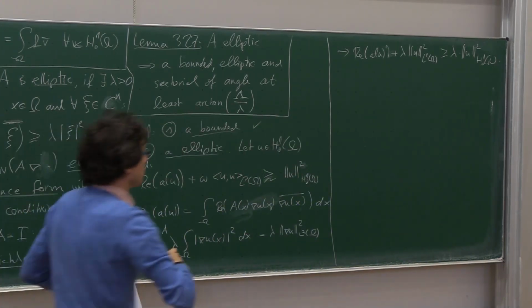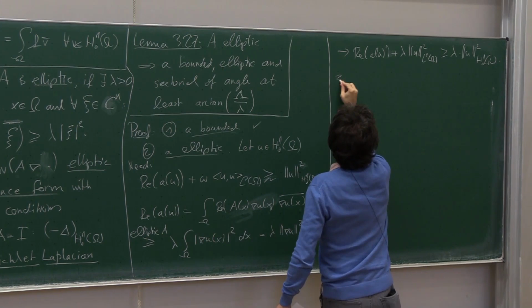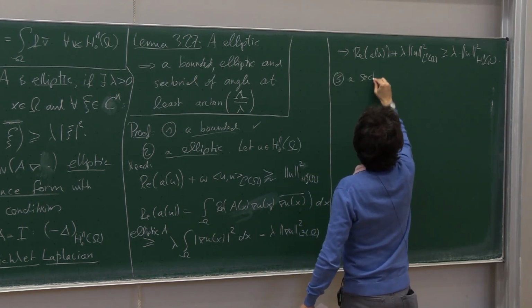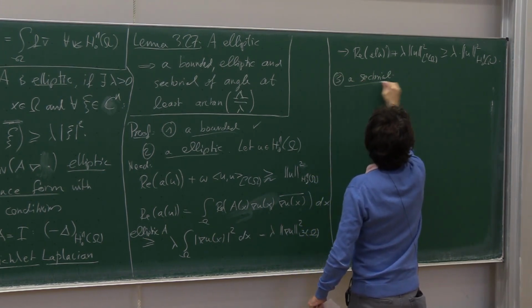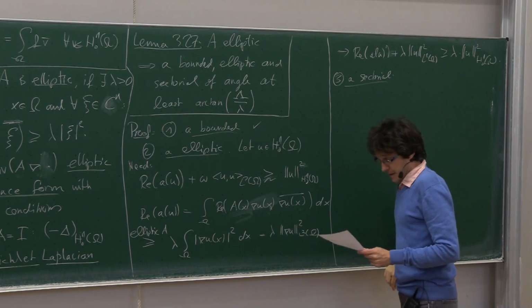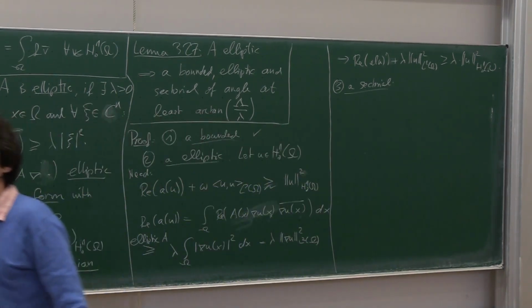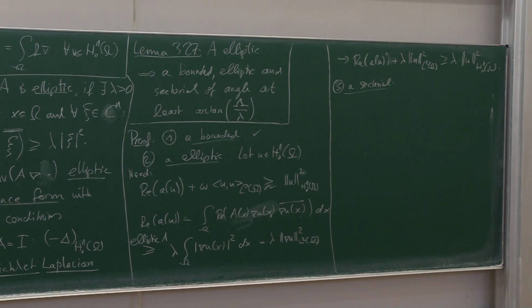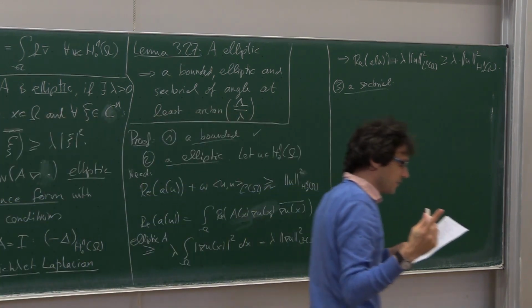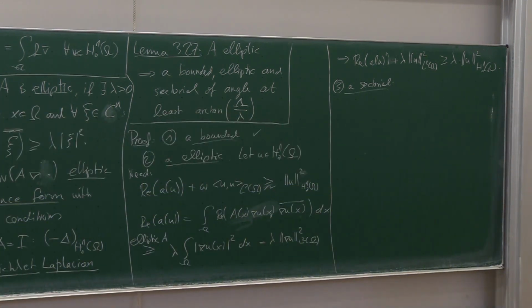Okay. So, third thing, we have to make sure that our form is sectorial. And there we use something that we had in the last lecture. This was 226. This was a short lemma that told you if you can estimate the imaginary part of the quadratic form by the real part, then you immediately get sectoriality.